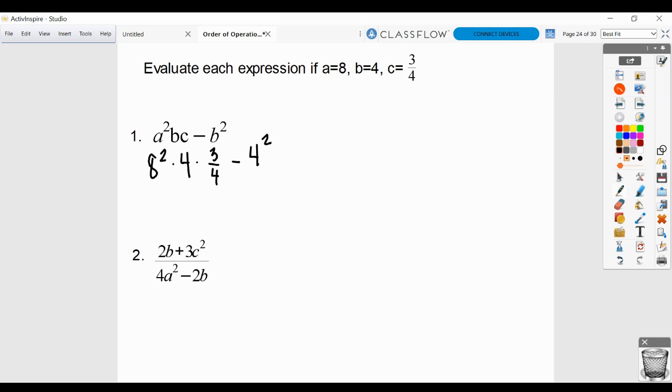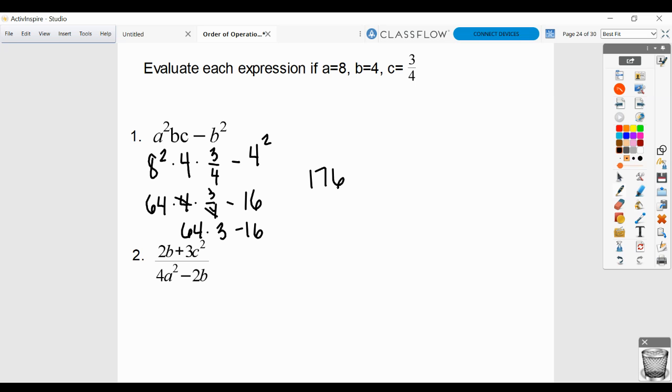Okay, so do the exponents first. 8 squared is 64 minus 16. And then we want to multiply first. You can actually just do this all together, but if you look at the fraction here, the 4s will cancel out, and you end up getting 3. So 64 times 3 minus 16, and you can do that right in your calculator and you end up with 176.